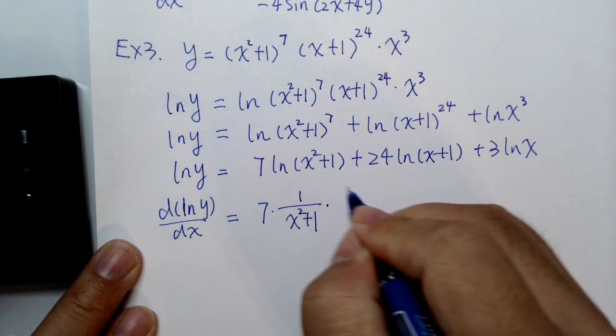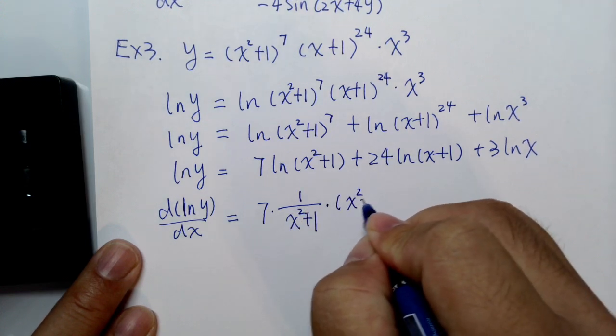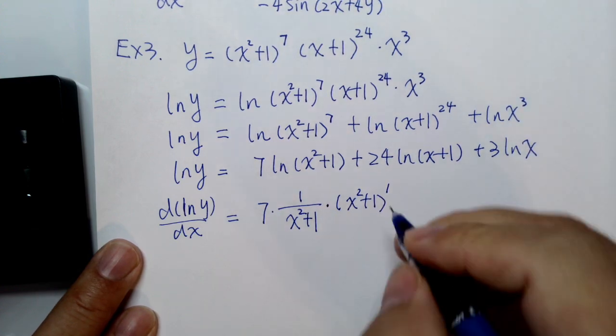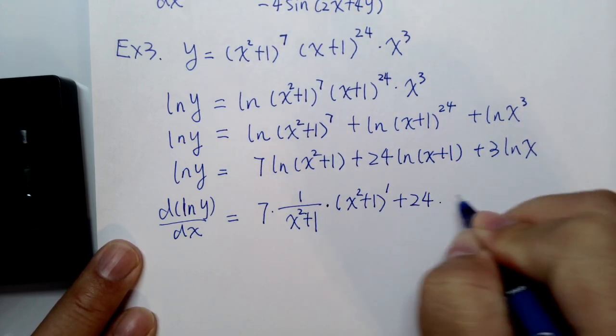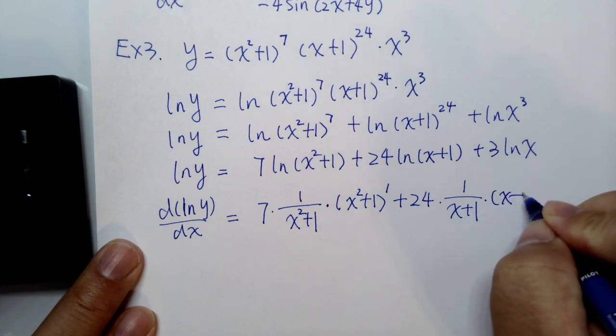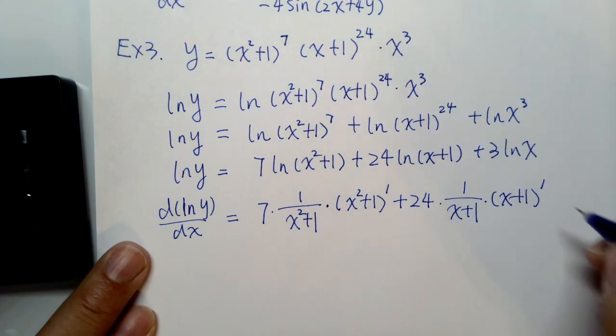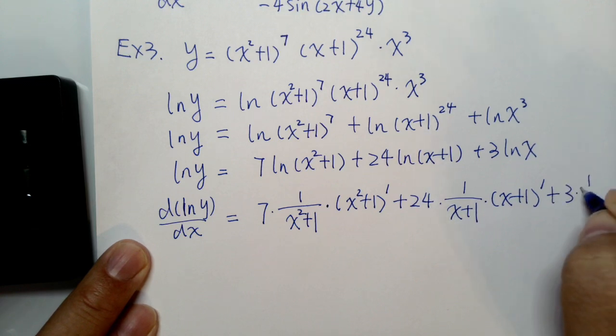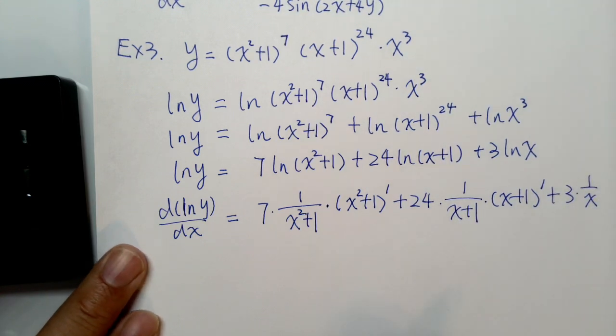And don't forget, you need to multiply by the derivative of x squared plus 1. Plus 24 times 1 over (x plus 1) times the derivative of x plus 1. And then plus 3 times 1 over x.